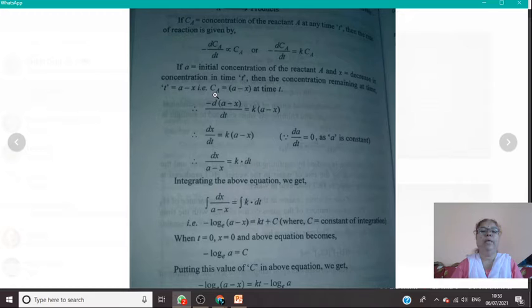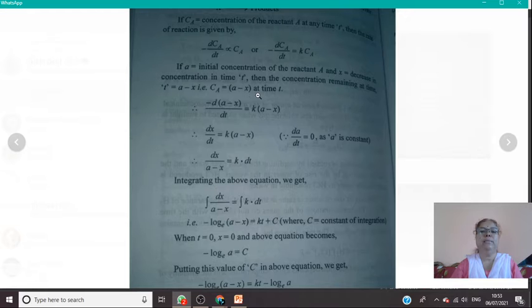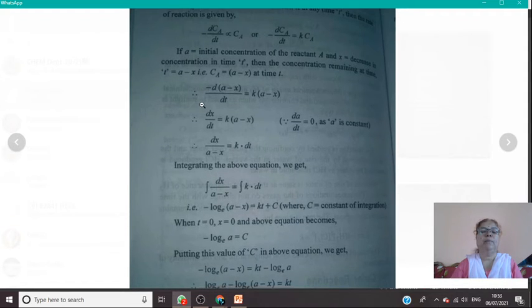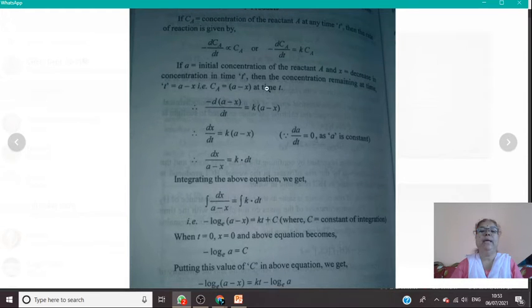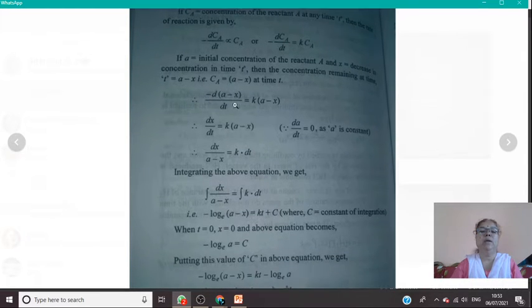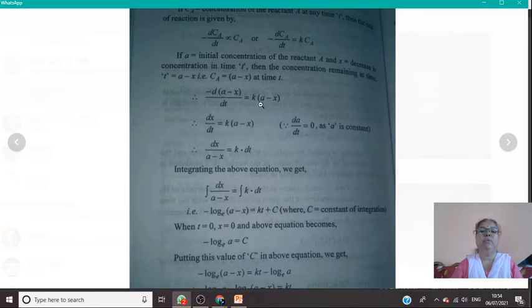Therefore, we can write this value of CA in the above equation. We get minus d of (a minus x) upon dt equals K into (a minus x).